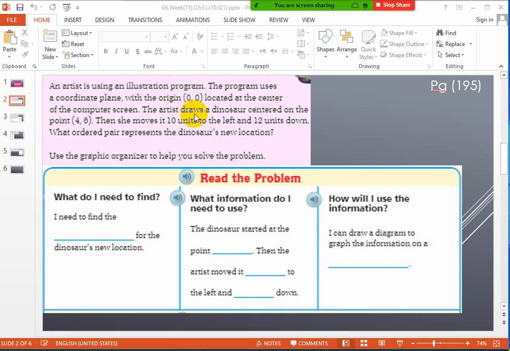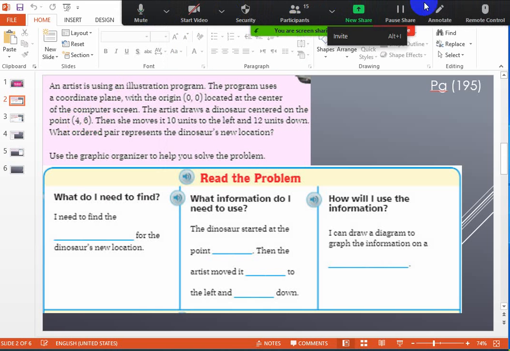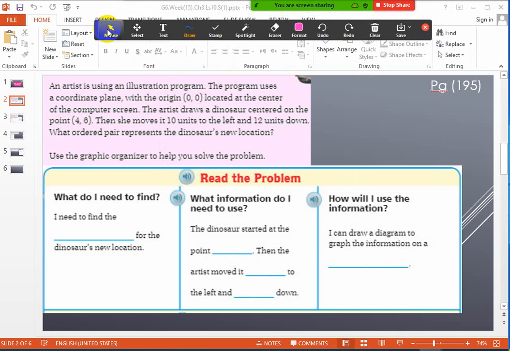The artist draws a dinosaur centered on the point 4, 6. Then she moves it 10 units to the left and 12 units down. What ordered pair represents the dinosaur's new location?